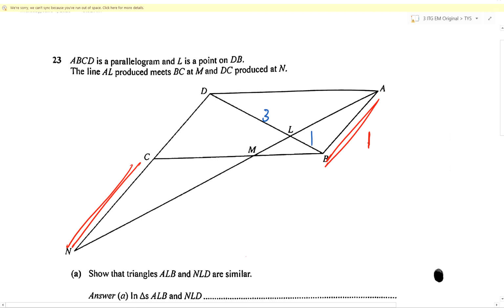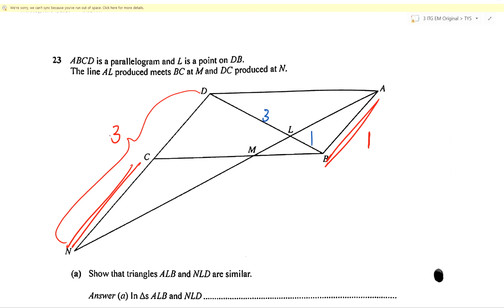So if AB is 1, AB being the length of the smaller triangle, then the corresponding length on the bigger triangle should be 3. Okay, so far? 1:3. But I want the ratio of AB to CN, not AB to DN.